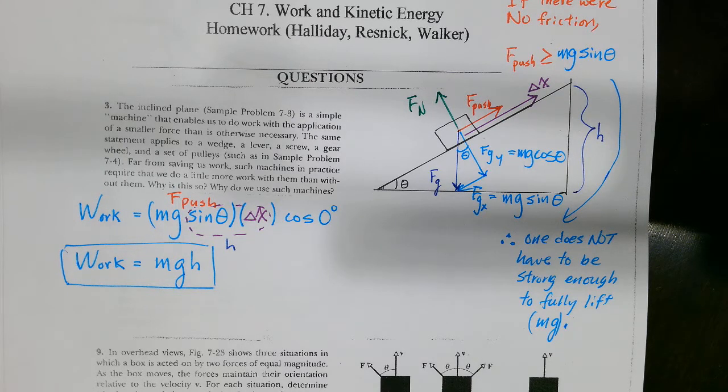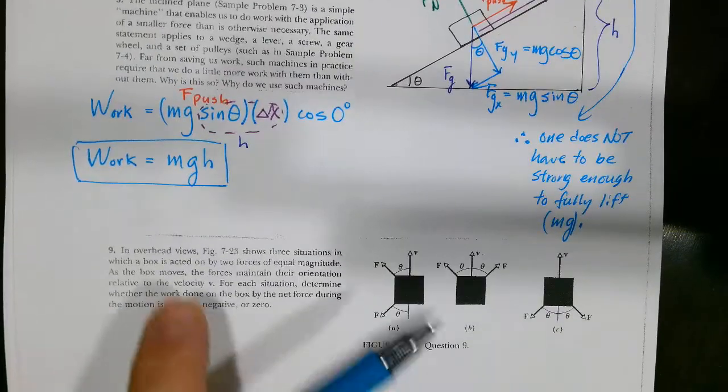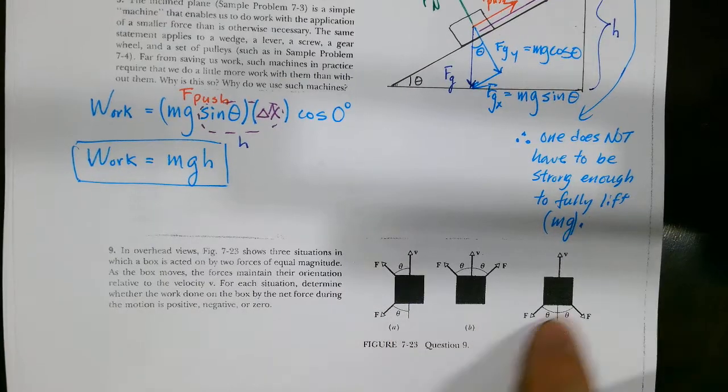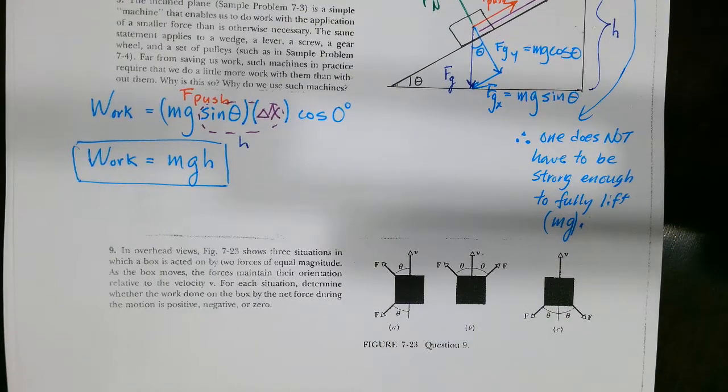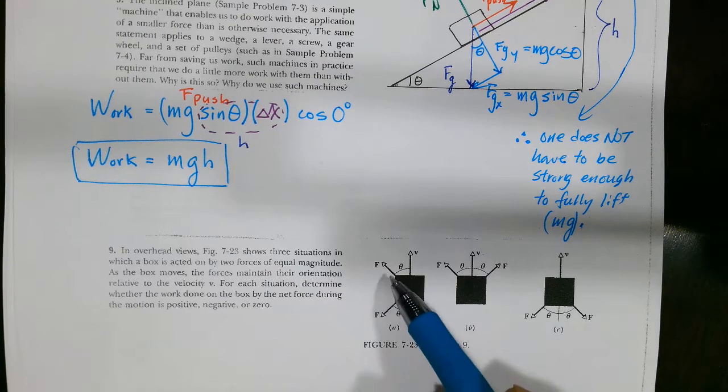All right. Next. An overhead view of these three objects shown in three situations in which the box is acted on by two forces of equal magnitude. So these forces all have the same value.